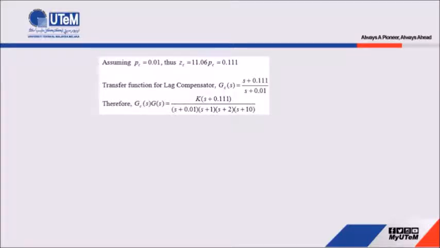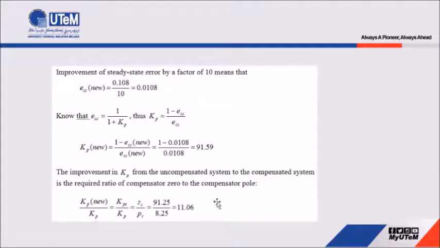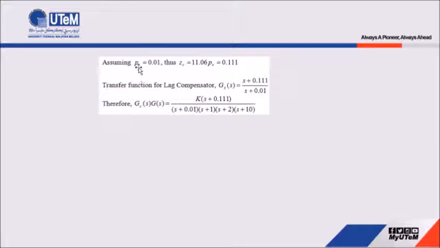Then we apply this formula: ZC equal to 11.06, which refers to the ratio between Kp new and Kp old, times PC. PC we choose by ourselves. We put PC here as 0.01 and then we get ZC equal to 0.111.